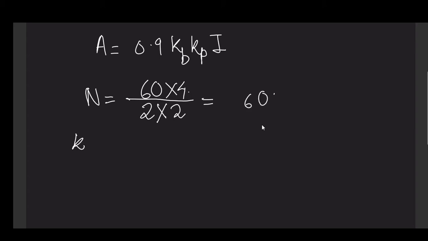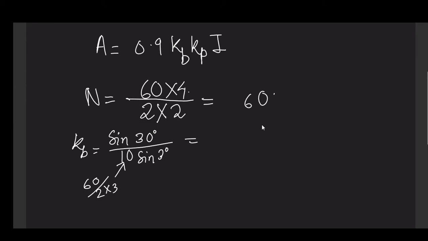Now kV you can calculate. You just need to find out the number of slots per pole per phase, right? What I'm trying to say is how this 10 is coming: it comes from the number of poles and number of phases.